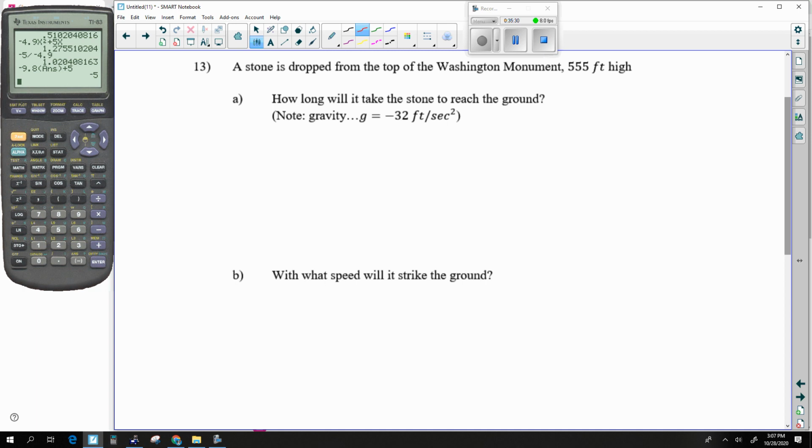Dropping a stone from the top of the Washington Monument. How long will it take the stone to reach the ground? All right, this is going to be kind of involved. So they start us off with gravity. Again, that's acceleration. All right, so the velocity of this thing.